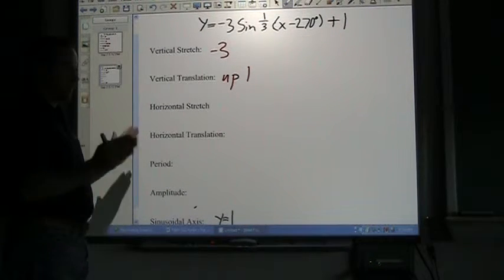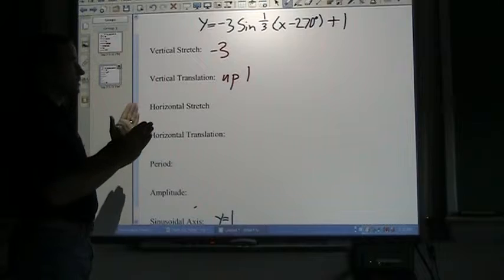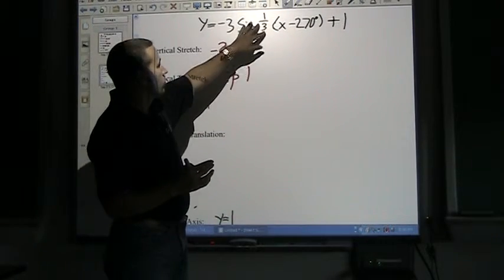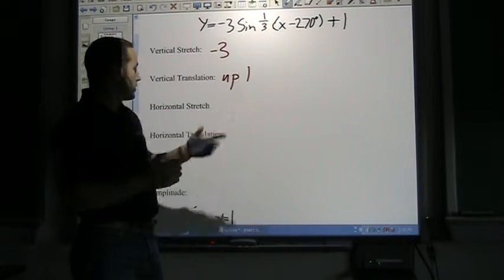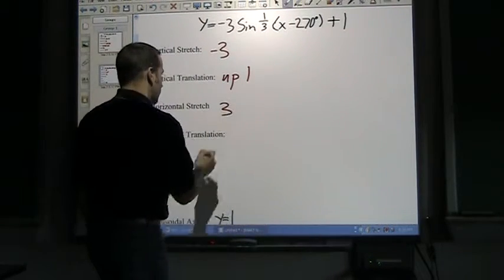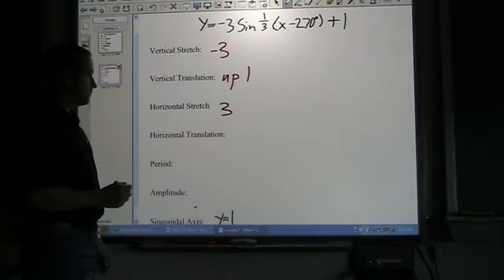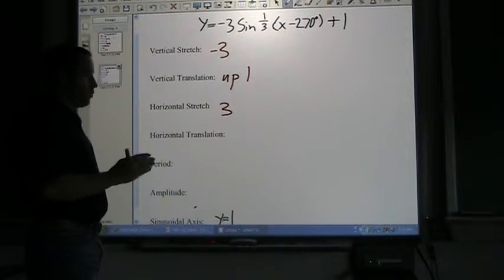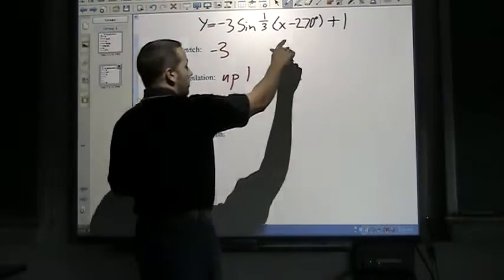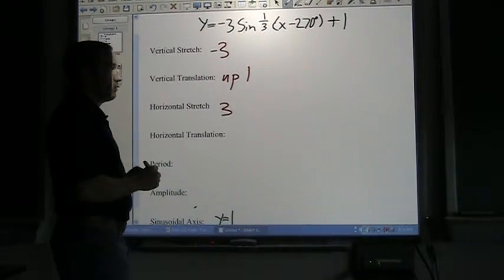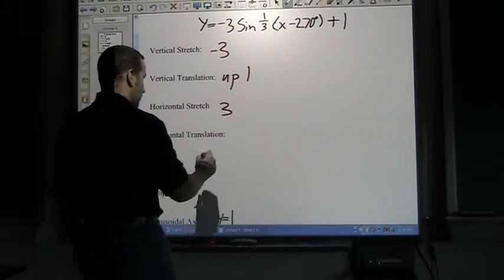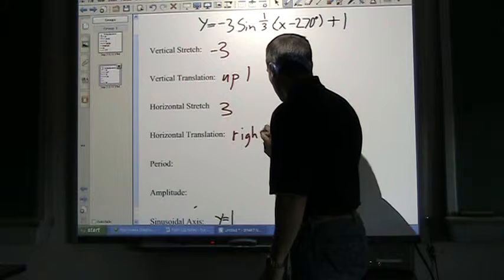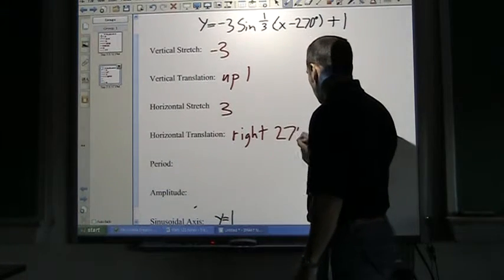Horizontal stretch. Again, how much have I stretched out or compressed the graph? That's the period of the graph. Well, the reciprocal of 1/3 is 3, so it's 3 times as long. So we just put 3. Horizontal translation. How much have I moved it left or right? The -270 degrees tells me I've gone right 270 degrees, so again, right 270 degrees.